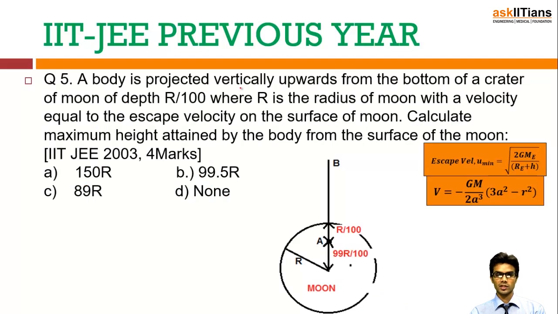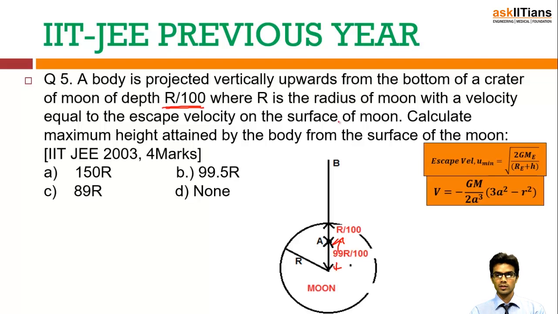A body is projected vertically upward from the bottom of a crater of the moon at depth R by 100. So this is the moon, this is the center of the moon. Now this is the depth of the crater, R by 100. So the total distance is R, so R minus R by 100 will be this distance.